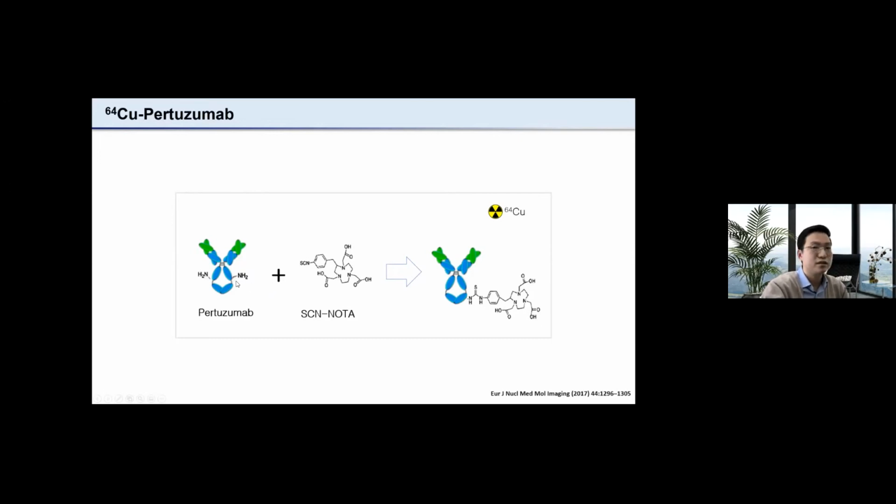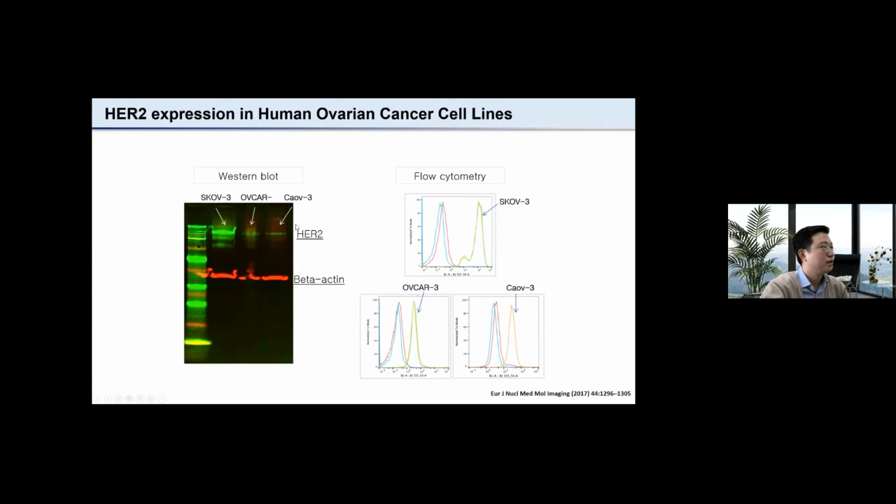So the amine group can be conjugated with SCN-NOTA, and SCN-NOTA can be labeled with copper-64, which can be chelated in the NOTA. And then in that study, we actually used ovarian cancer cell lines, not breast. And those cancer cell lines were these three, with strong HER2 expression in SKOV3 and moderate expression in the other two cell lines.